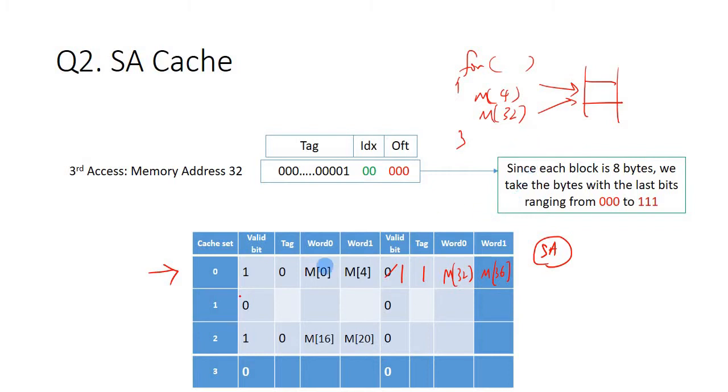But since it is a set associative cache, I can keep both data side by side, and only the first access in the loop would be a miss, with subsequent accesses being hits. That is where set associative cache plays a huge part in helping performance.